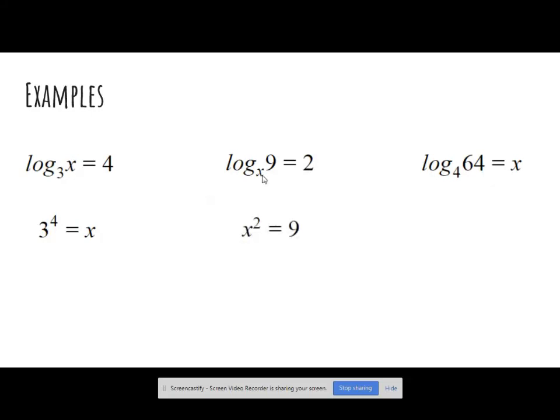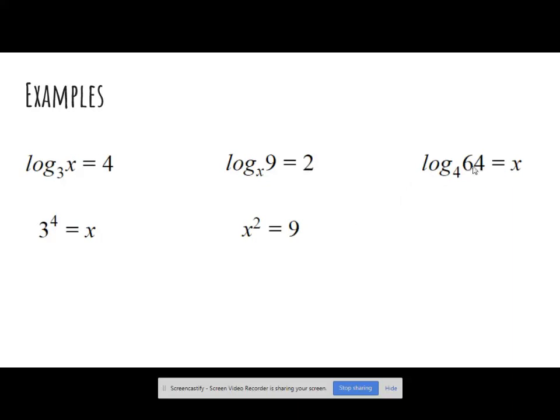Look at the next one, same idea. The base of the logarithm is x, so the base of the exponent is x. I flip-flop the 2 and the 9. Some number squared equals 9. I can solve that too. 3 times 3 is 9, or negative 3 times negative 3 is 9.